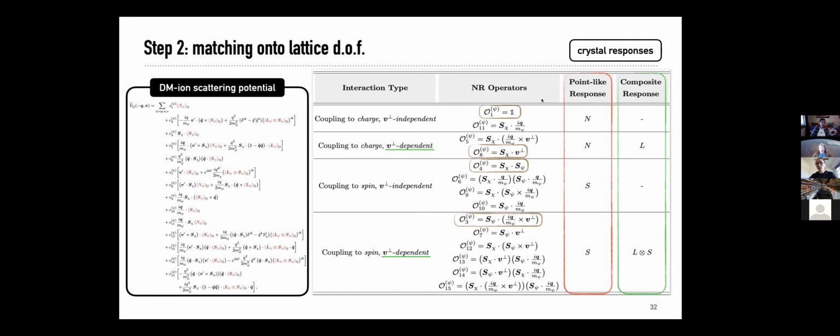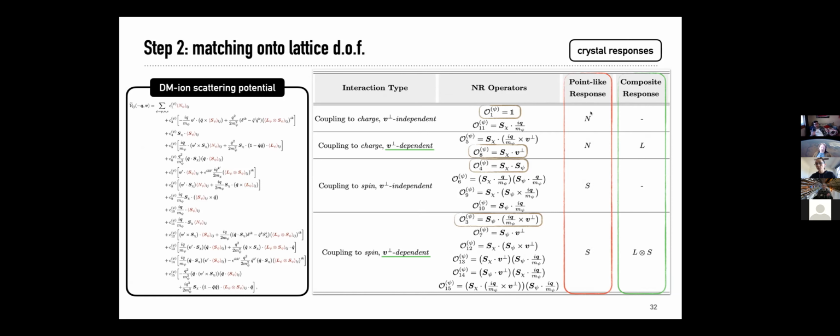For the crystal degrees of freedom that the dark matter couples to, we call them crystal responses because they play a very similar role as nuclear responses in the nuclear recoil calculation. And we talk about point-like versus composite responses, depending on whether the crystal degree of freedom involves the internal motion of the constituent particles of an ion.